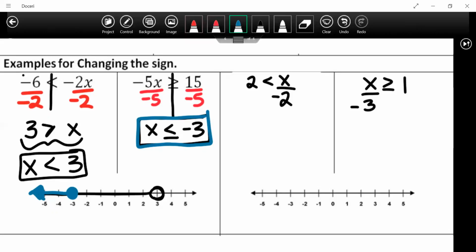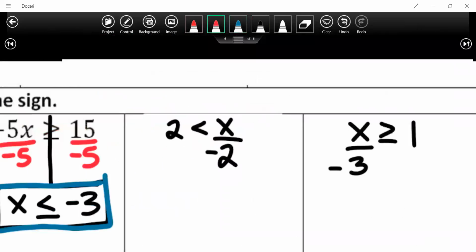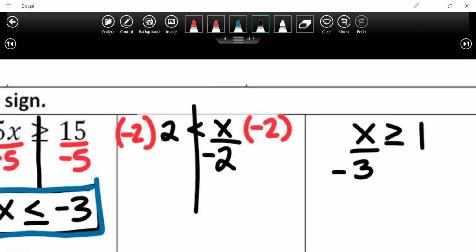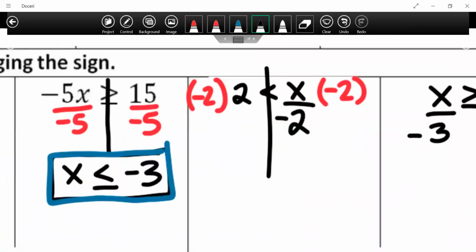So x is being divided by -2, so how do I fix it? By -2, right? X will be -4. Did I multiply by negative? So what happens to my sign? Switches.